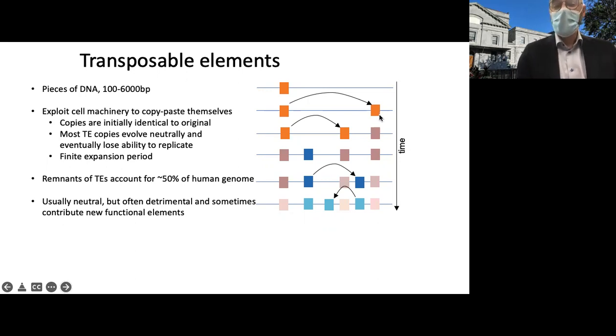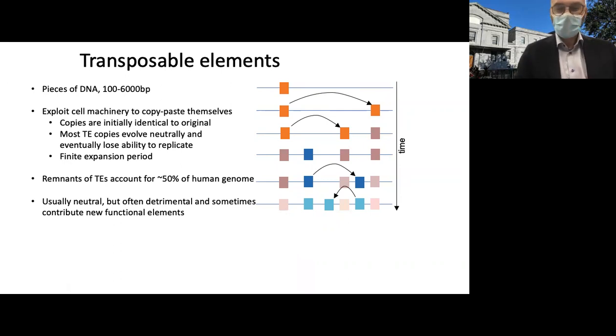And so these mutations make it increasingly difficult to recognize in a modern genome every piece of DNA that is a result of a transposable element insertion. If it's the result of a recent insertion like the blue one, then there hasn't been too much time, too much degradation. So those might be easier to recognize. If a lot of time has passed, then a lot of mutations have accumulated and it becomes harder to recognize them.